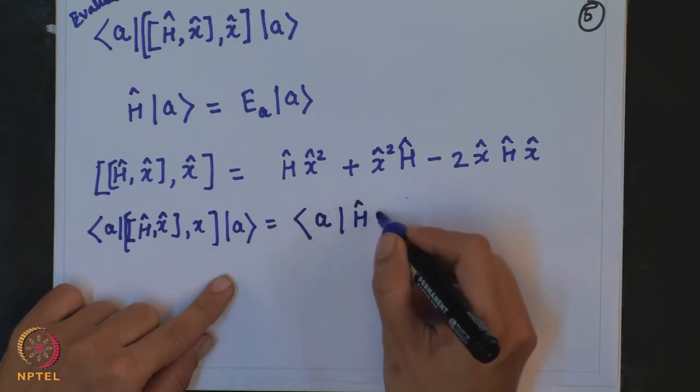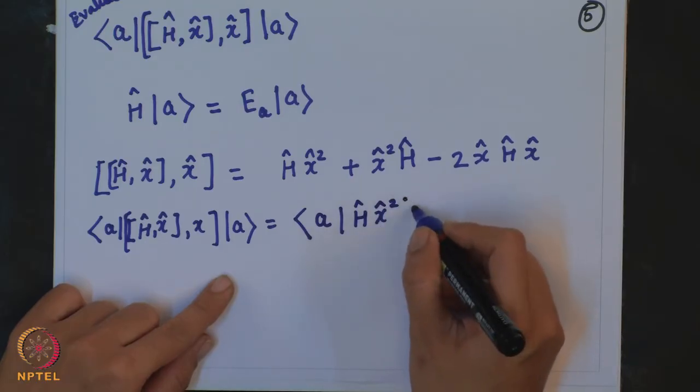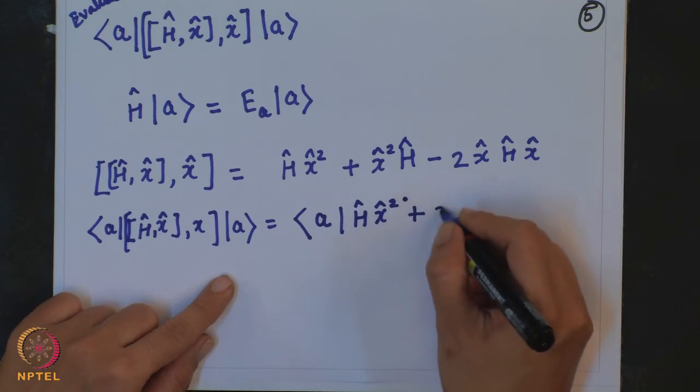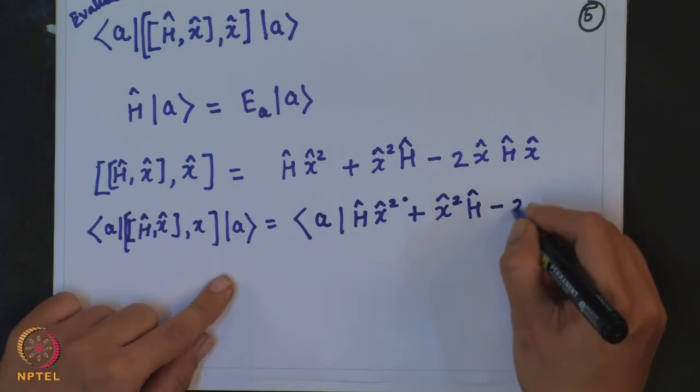I am placing this operator between the eigenvectors, or the eigenkets.